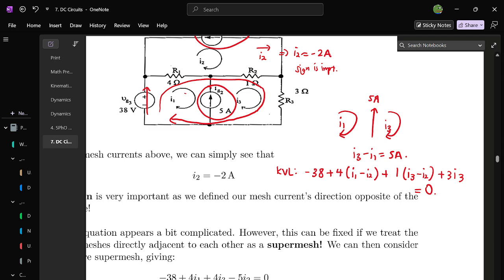This is your KVL equation for the super mesh. This is because this is the current through R1.